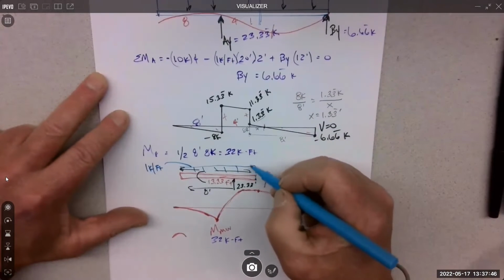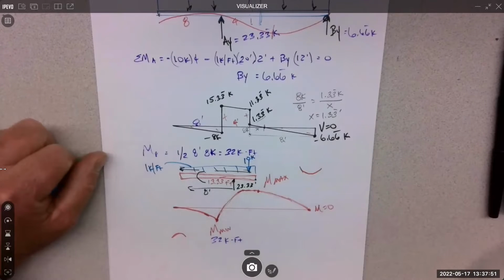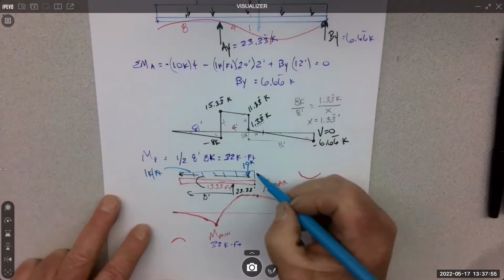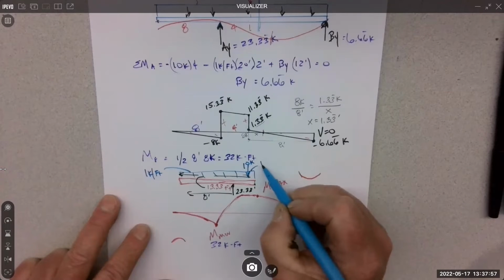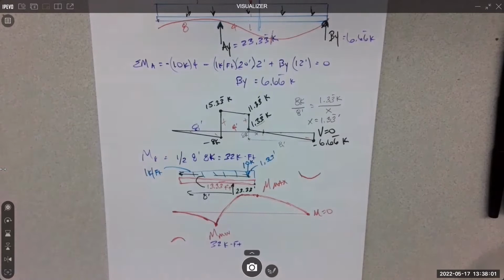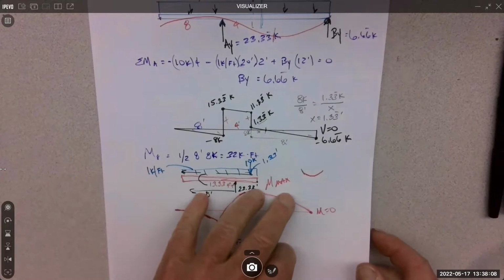So now we also have the 10, right? And that's how far from here? Yep, 1.33 feet. So it's not complicated. It's a little complicated. I might need a better picture, I think.